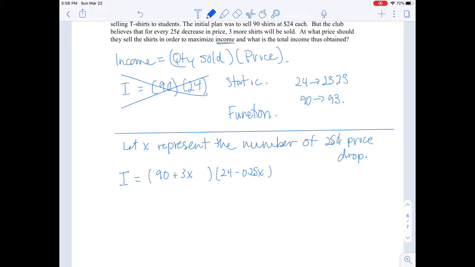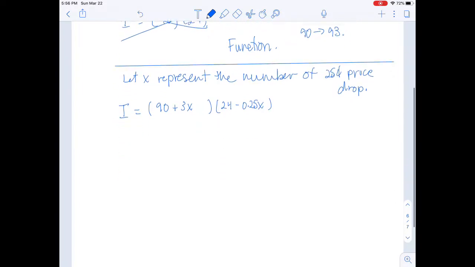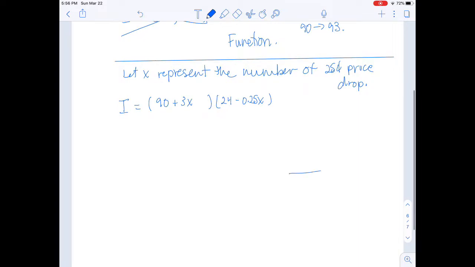So if I look at this, it will be a parabola. The way I want to figure out my optimal X value and my optimal income is to try to find the X intercepts first. Looking at this first one, I can see that -30 is one of my x-intercepts.